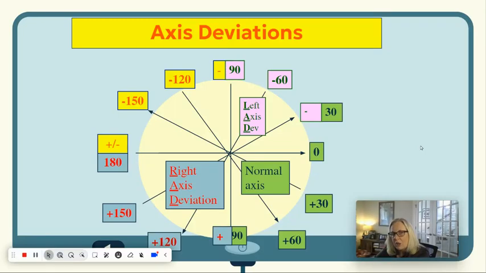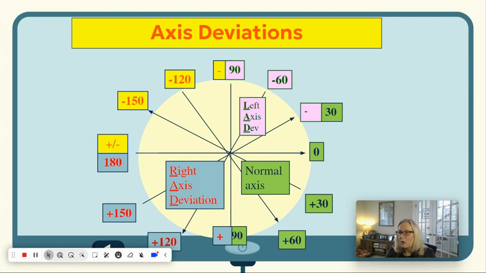And your EKG is going to look a little bit different than a normal one. So this is negative 30 to negative 90. So we have 3 sections already. We have the normal axis from here to here, right axis deviation from here to here, and left axis is this little piece of pie. It's these 2 pie pieces together, negative 30 to negative 90.